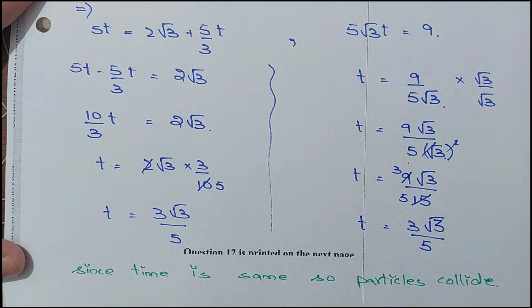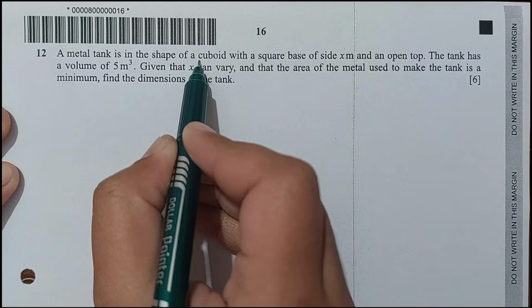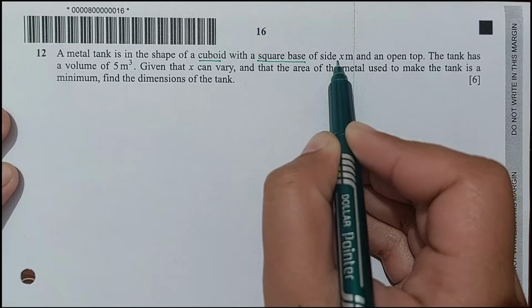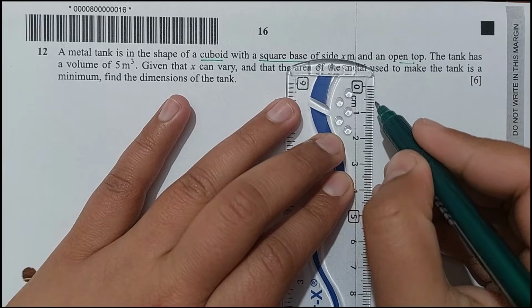All right. Question number 12. A metal tank is in the shape of a cuboid with a square base of side x meter and an open top. Let me draw the shape of the cuboid.